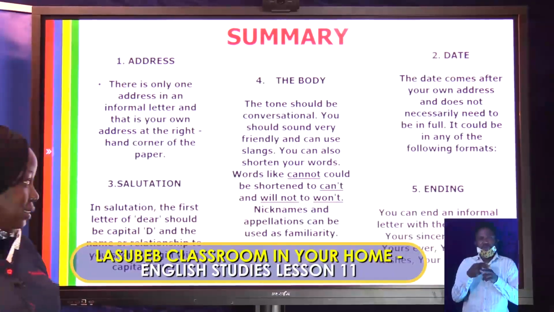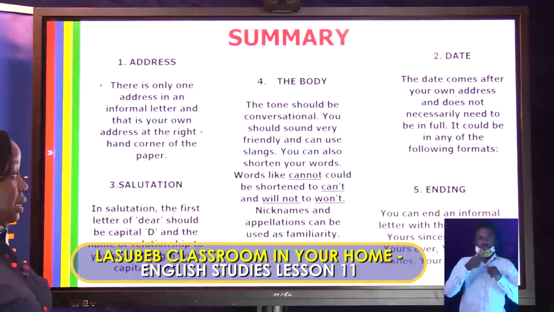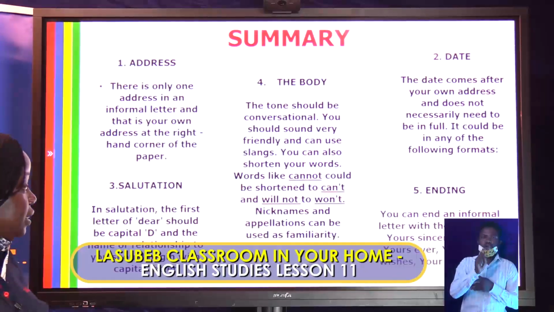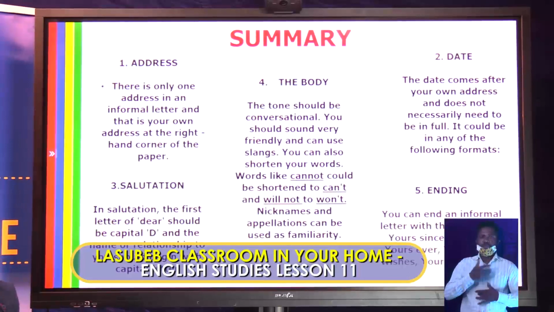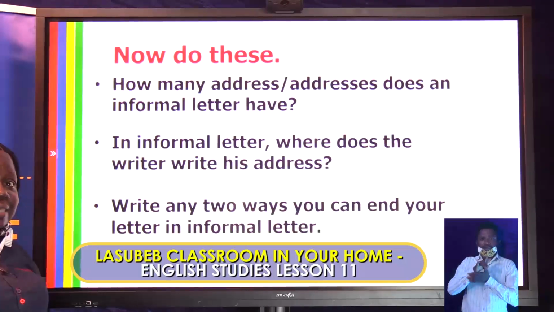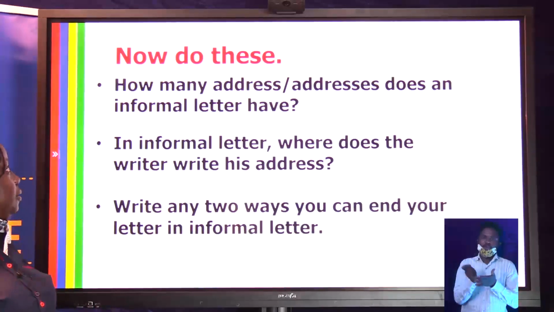Then the ending, you can end it in an informal way, or you can end it by saying yours sincerely, yours ever, best wishes, your best friend, and so on and so forth. I believe you are enjoying the class, and I believe by now you should be able to write an informal letter.